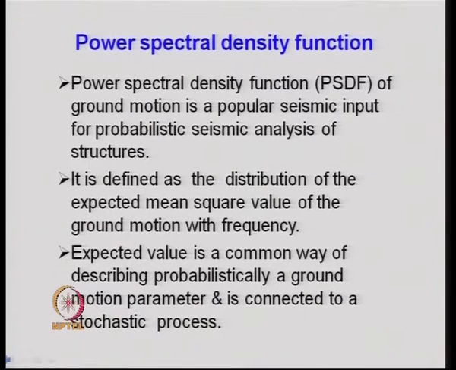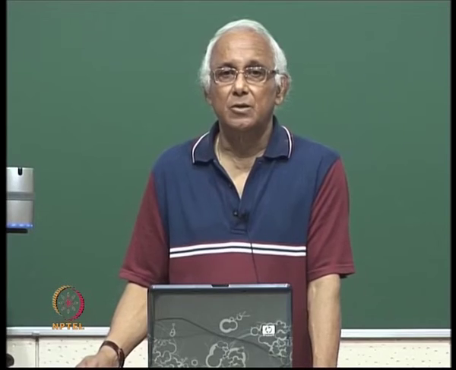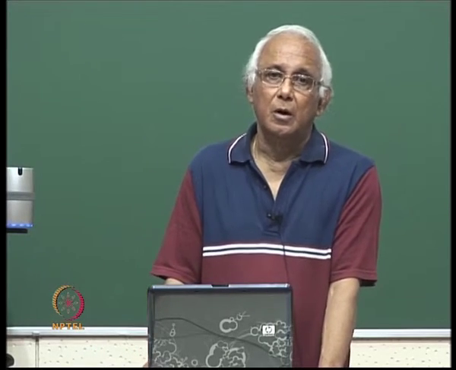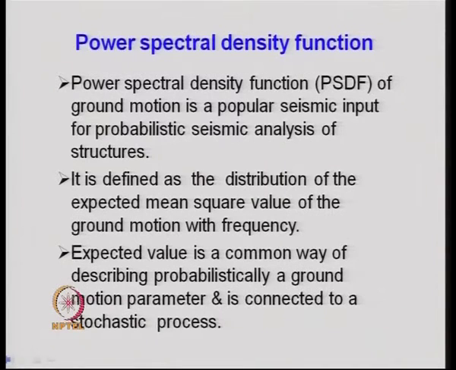Next we come to another frequency domain input for the structure. Now, when we perform a random vibration analysis of structures for future ground motion, that is, the ground motions are modeled as a random process, not as a deterministic process, then we require the power spectral density function.